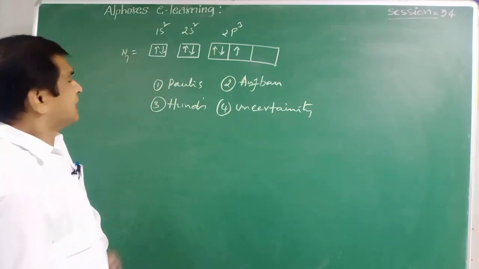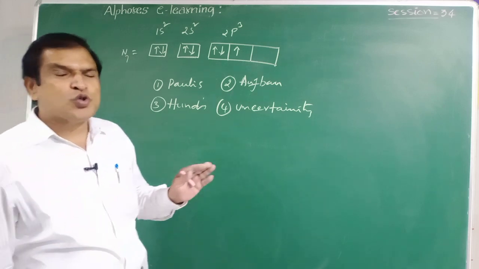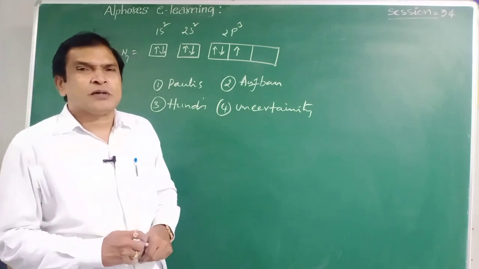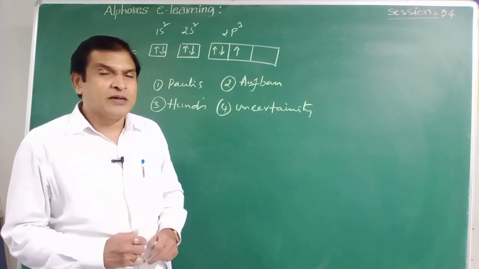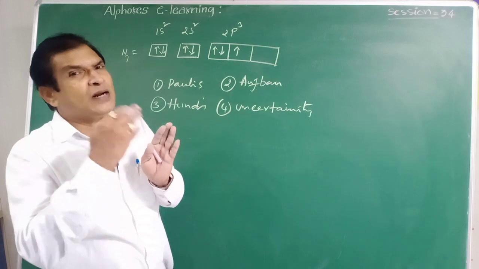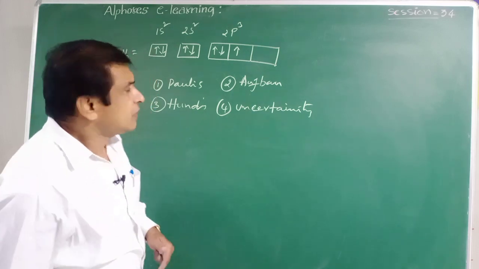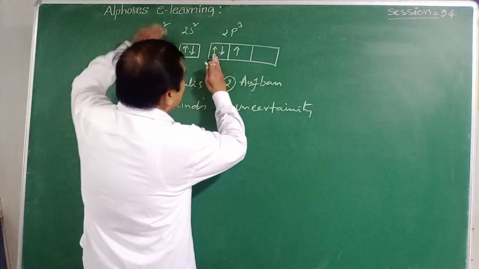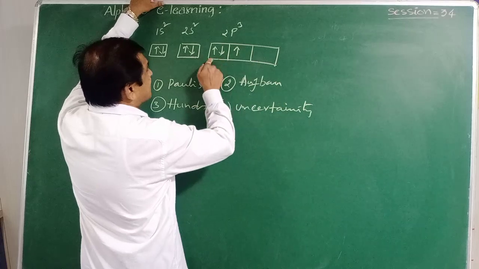So the electron configuration must follow Hund's rule. Hund's rule states that pairing of electrons takes place only when all the degenerate orbitals are filled with 1 electron each, and then the pairing starts. That means all the p orbitals must be filled with 1 electron each, then only the pairing starts.